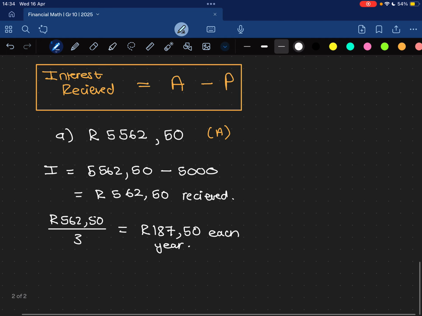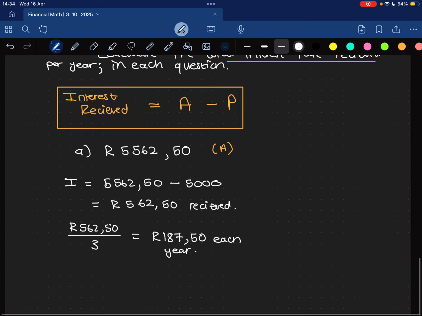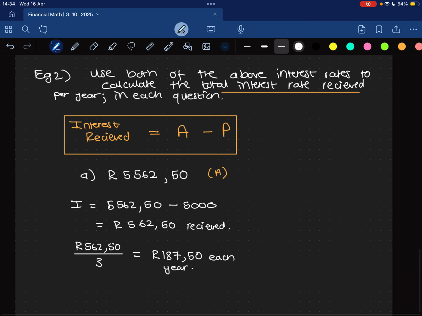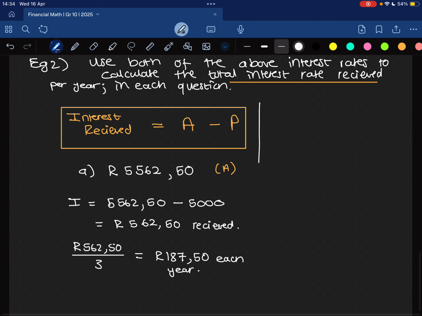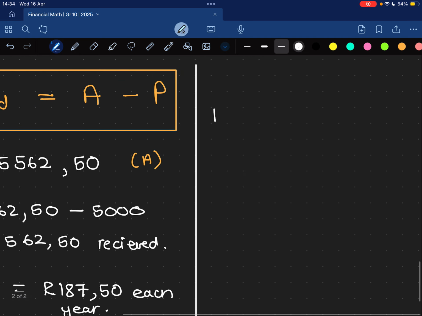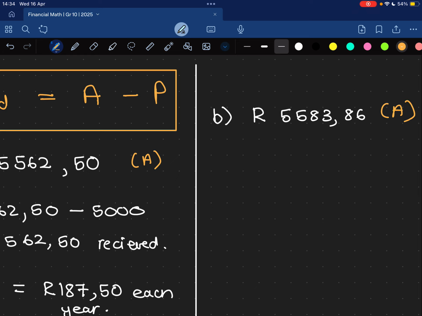Okay, so for B, you won't be able to work it out each year using the same equation because you'd only be able to work out an average. So we would take the 5,583.86, which was the accumulated amount that we had earned using the compound interest, and we're going to subtract the 5,000 from that.